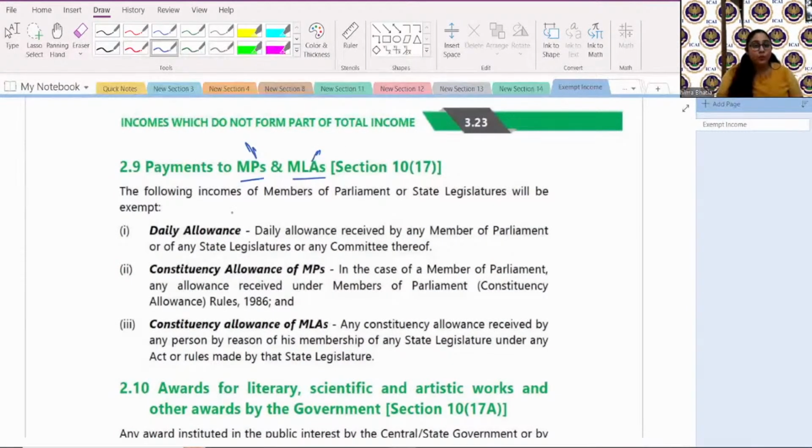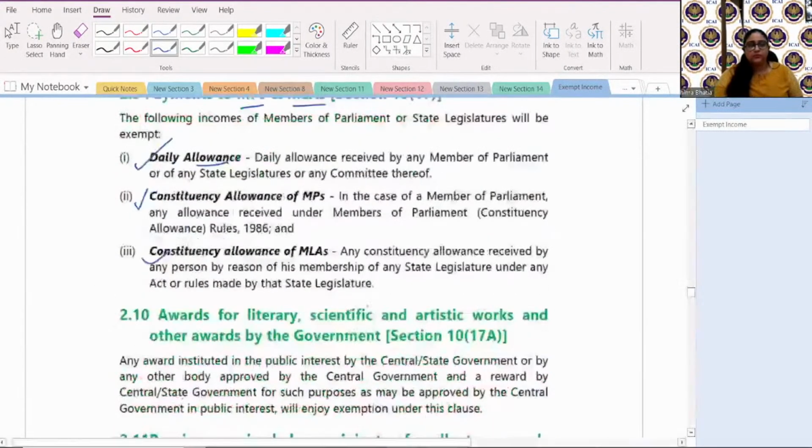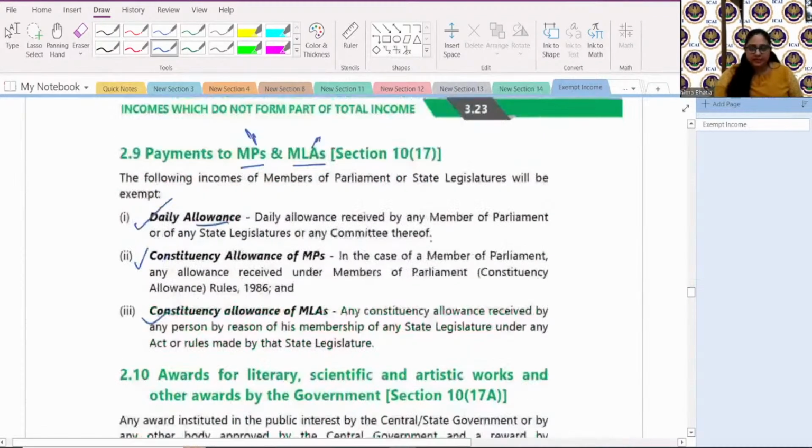They get, along with salary, certain allowances. One is in the nature of daily allowance. Another is the nature of constituency allowance. Just constituency के आप MP और MLA हैं, वो base पे you get the allowances. Both these allowances are exempt from tax. Which daily and constituency, for both MPs and MLAs. But their salary is definitely taxable.